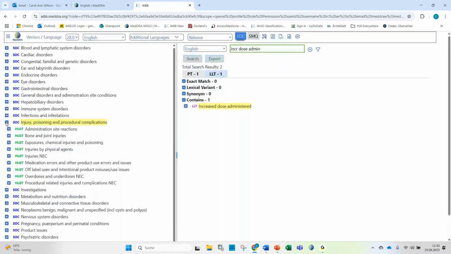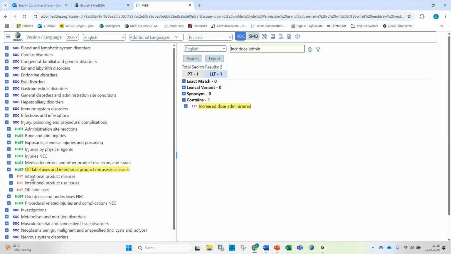Let's look again under injury, poisoning and procedural complications. And now we will look into HLGT off-label uses and intentional product misuses use issues. And here we have the HLT for intentional product misuses.